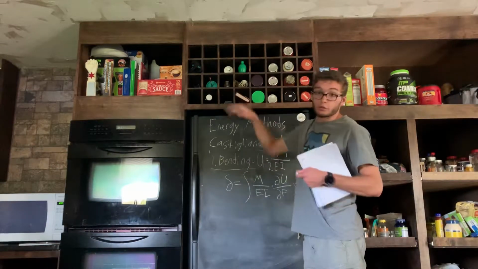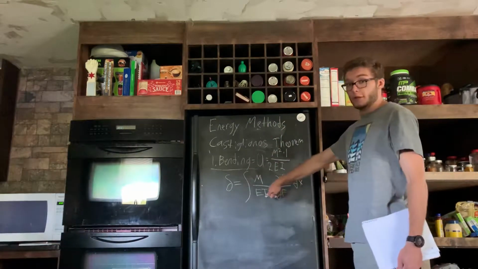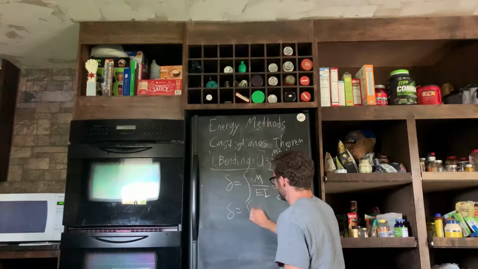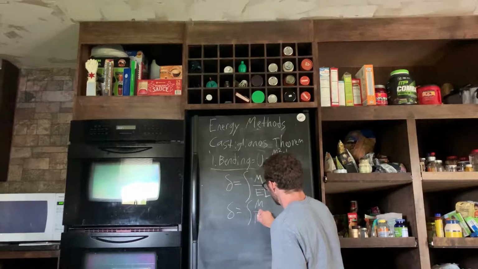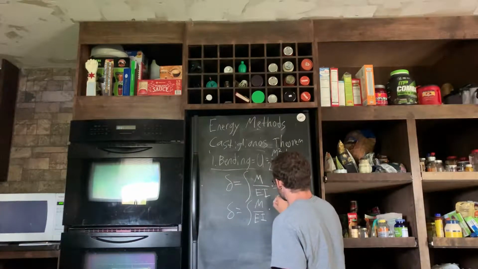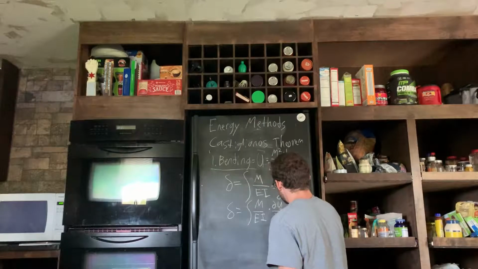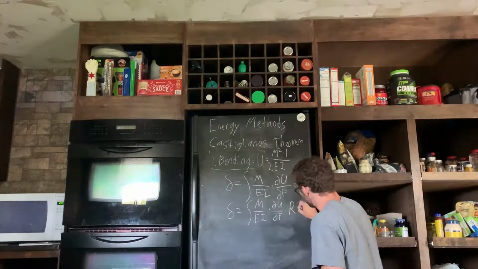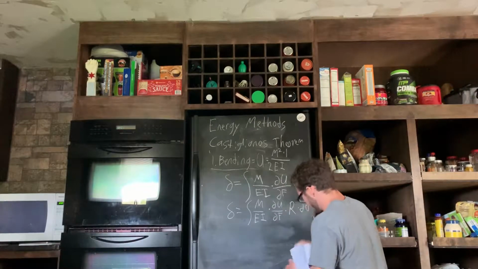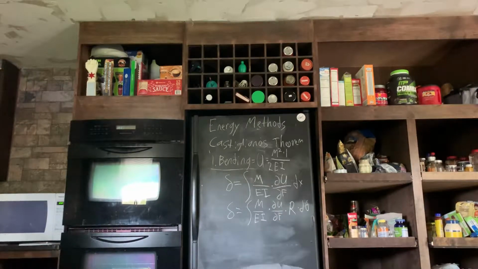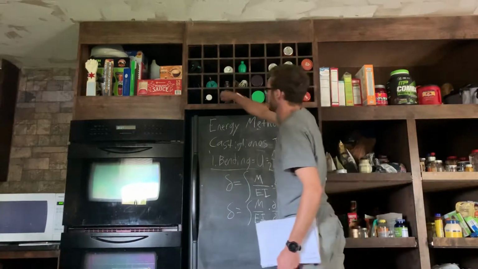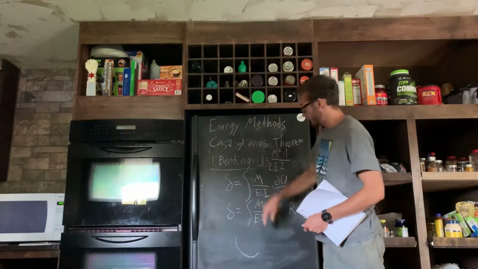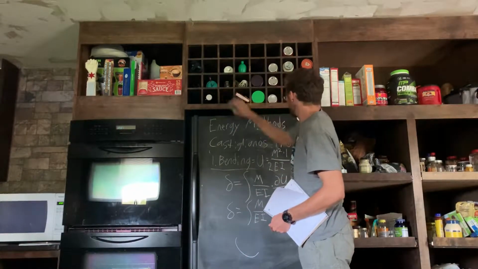But if we were dealing with a curved beam, this would slightly change. The deformation would then equal the same beginning, M over EI, and the same partial, but then we also add in the radius, and we're now integrating with respect to theta, since we have the curved member.